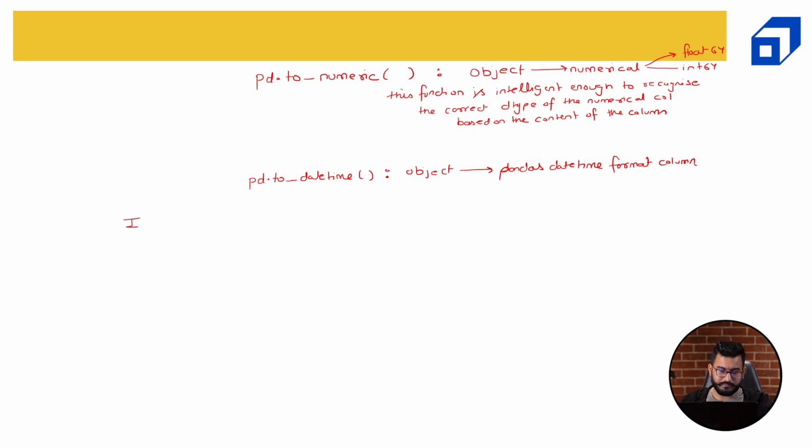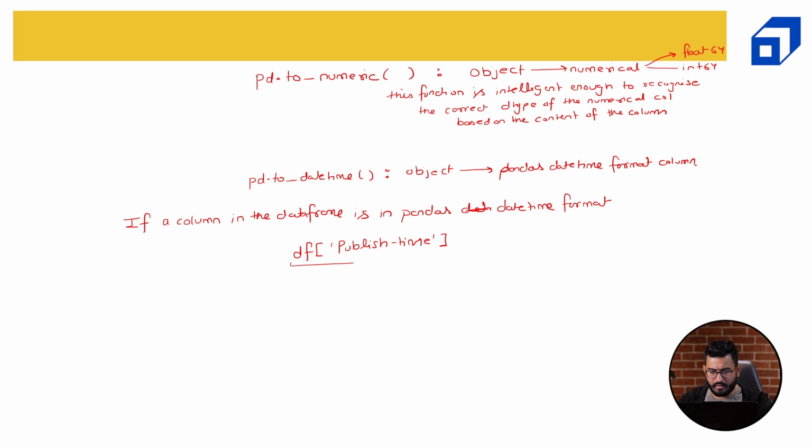So if a column in the data frame is in Pandas datetime format, then we can use, so let's say my column is published time.